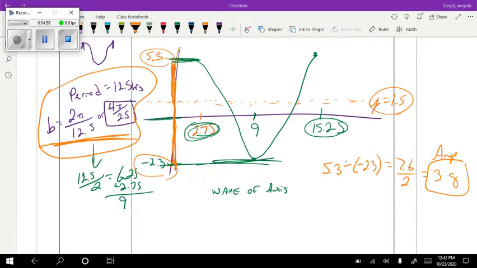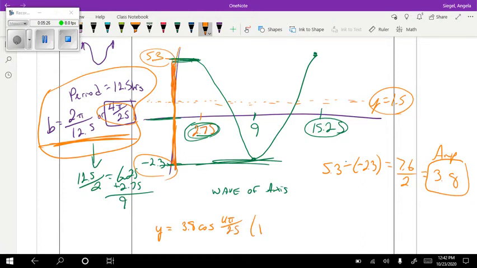So now I think I have everything that I need for an equation. I'm going to go ahead and start writing. My A, which deals with my amplitude, is 3.8. It could be positive or negative, and so it starts up, goes down, starts back up again, so it's going to be positive. Again, it's a cosine. My B, we already found, is 4 pi over 25.